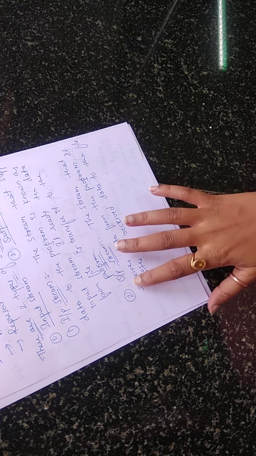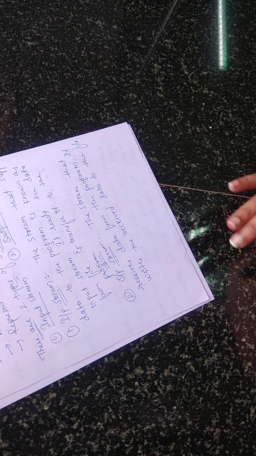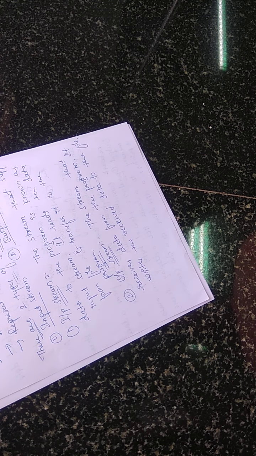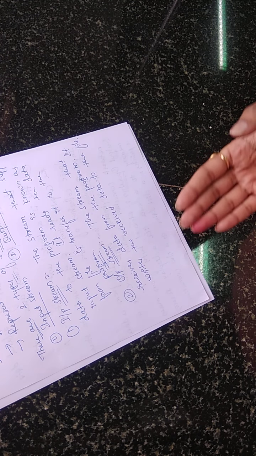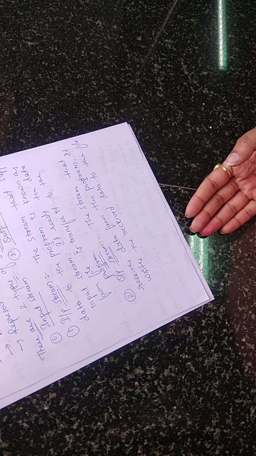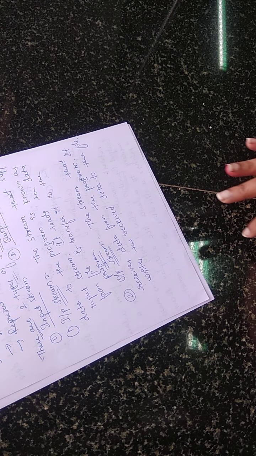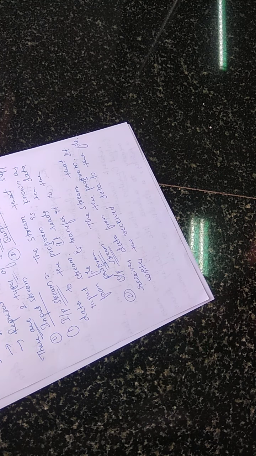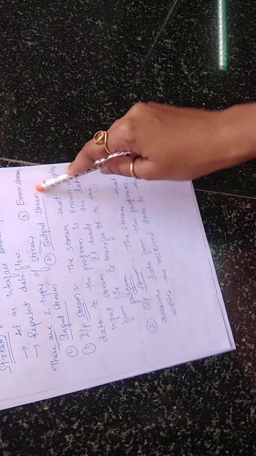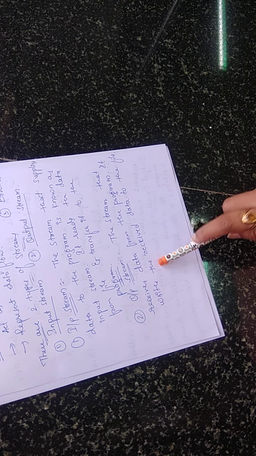So in your textbook they have not given the error stream separately. But when you learn advanced data file handling in the next version, at that time you will learn in detail about the error stream. For the time being, just remember this error stream is there, which is a part of your output stream. And what is that error stream?